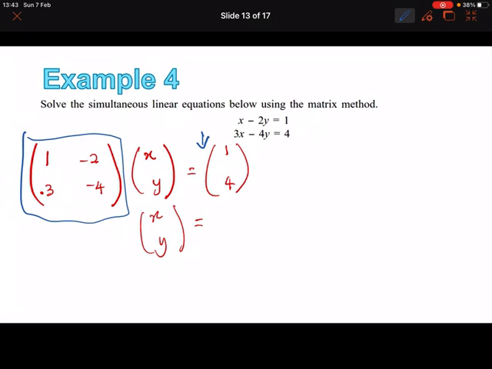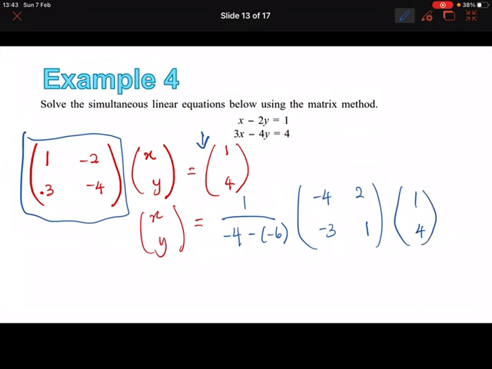So the inverse, 1 over AD minus BC, -4, 2, -3, 1, then the matrix 1, 4. 6 minus 4 is 2. Then we multiply these two matrices.